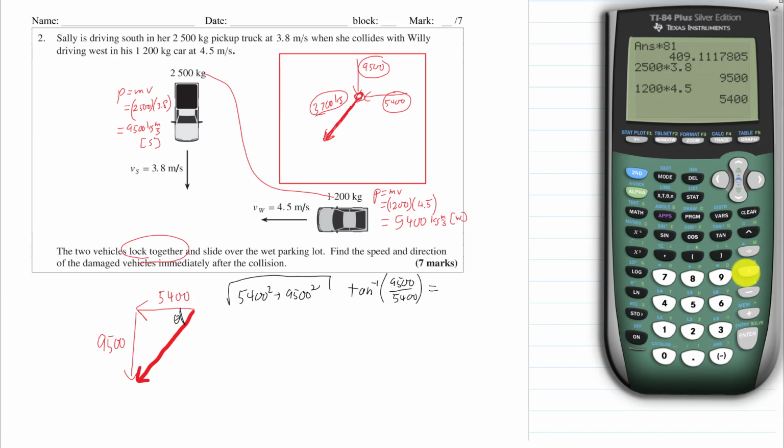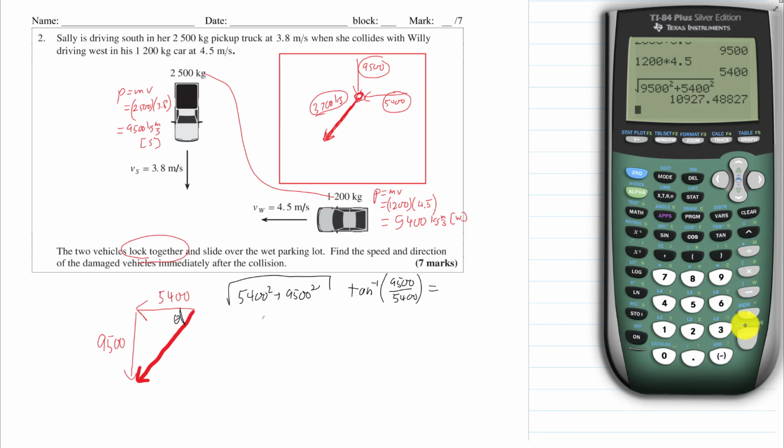And then once we get that, we have to divide by the mass. But we have to do the vectors not in velocities, but in momentums, else it doesn't work out. So the square root of that number squared plus that number squared.